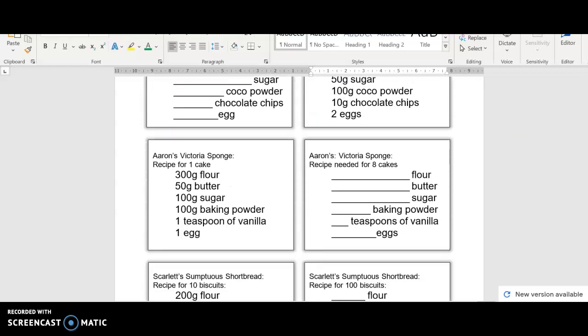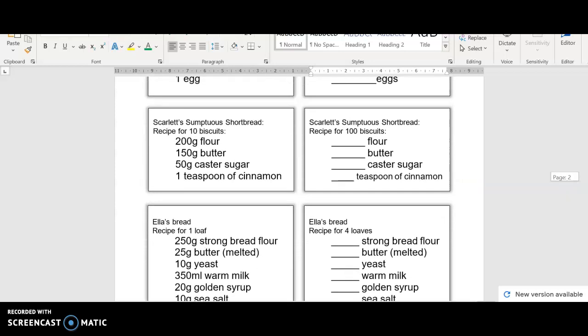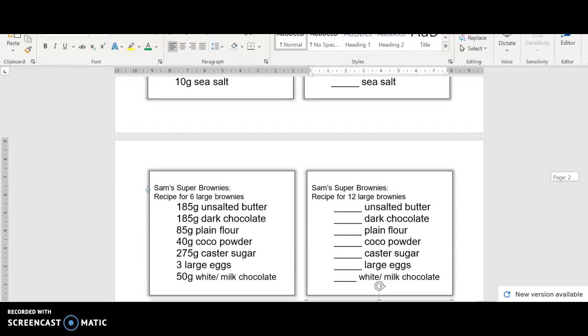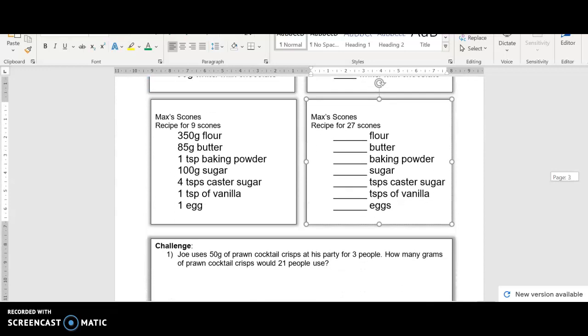for Aaron's Victoria Sponge. Look, you've got 1 cake and 8 cakes. What you're going to have to do to get 8 Victoria Sponge cakes, it's a lot of cakes, isn't it? 1 to 8 means you're going to have to multiply by 8. So all these numbers are going to have to be multiplied by 8. We've got recipes for Scarlett's Sumptuous Shortbread, Ella's Bread Loaves, Sam's Super Brownies, and Max's Scones.